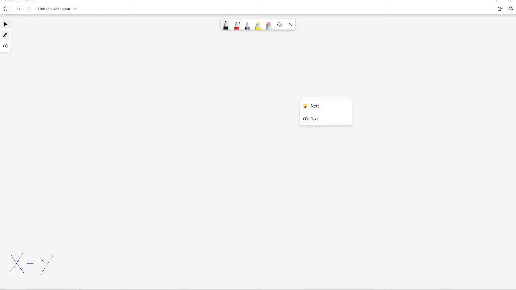So if we have something like this, the square root of a times b is equal to the square root of a times the square root of b.